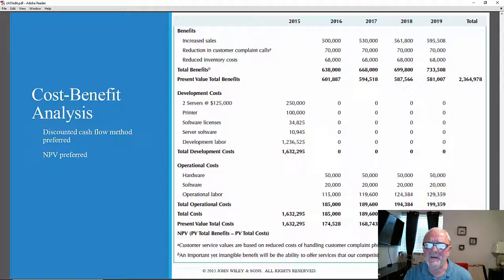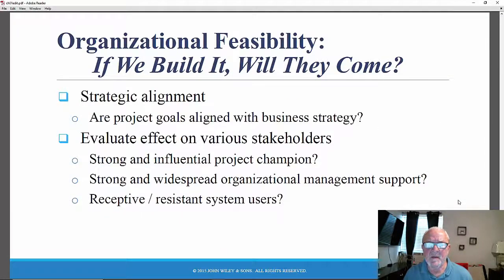But trying to do a formal and strictly accurate cost-benefit analysis over a 5-year horizon is difficult. And I would suggest that if such a thing is done, it should be looked at carefully and with a questionable eye.